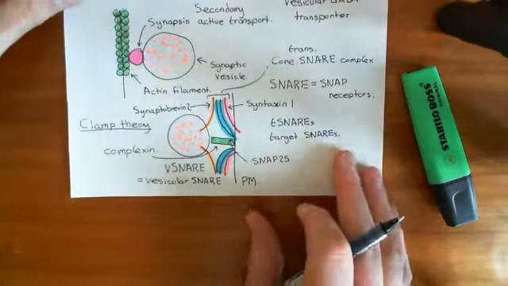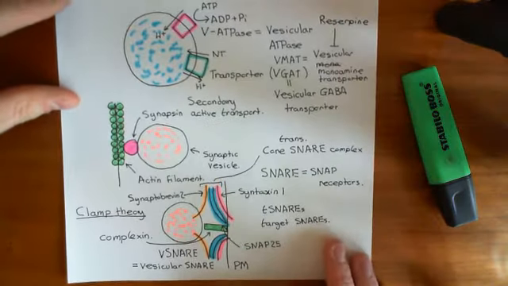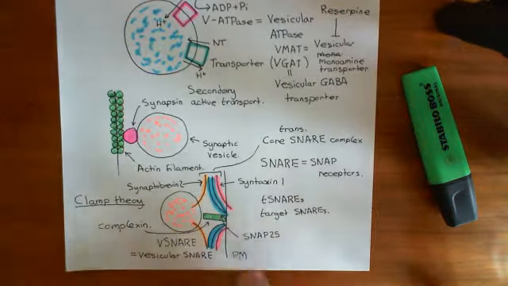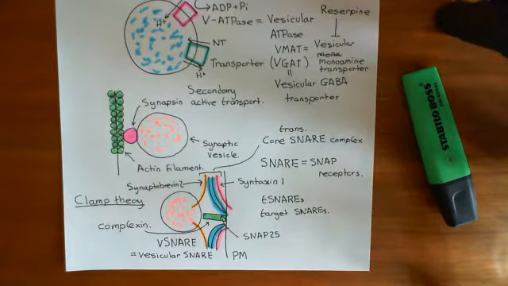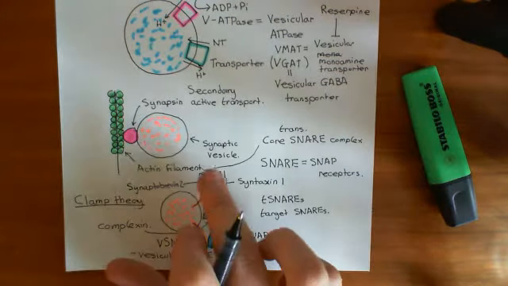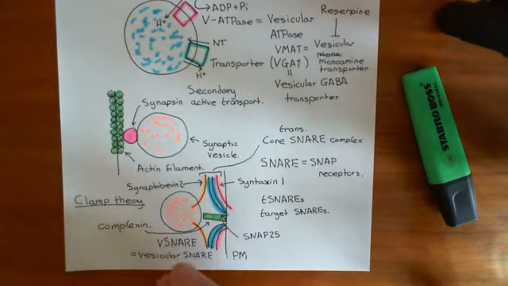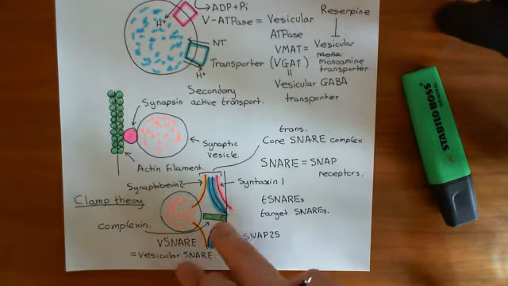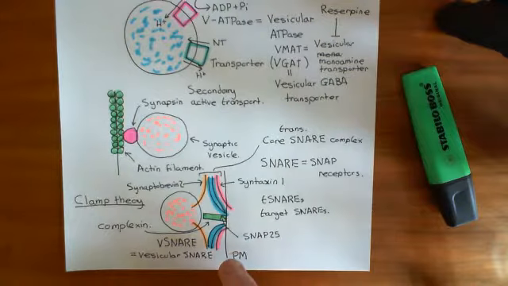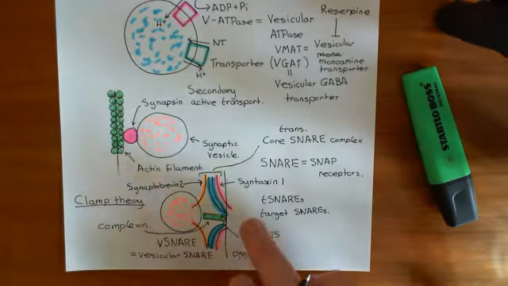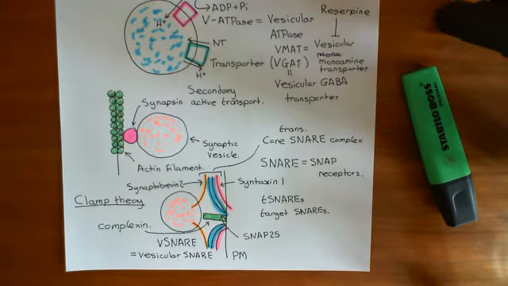Okay, right. So, just to summarize before we end the video, we have these trans-core SNARE complexes forming between the v-SNARE, synaptobrevin 2, in the synaptic vesicle membrane, and the t-SNAREs, syntaxin 1 and SNAP25, which are in the plasma membrane.